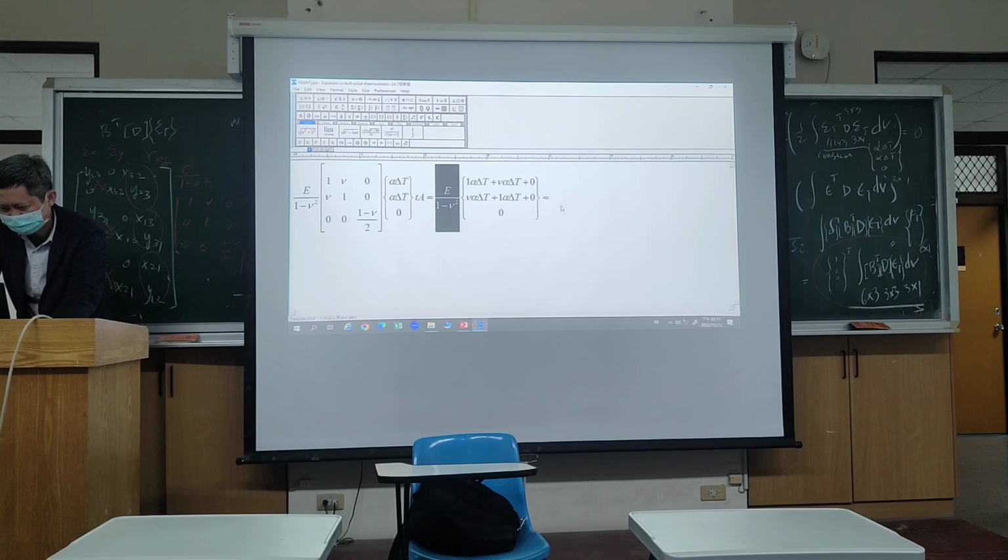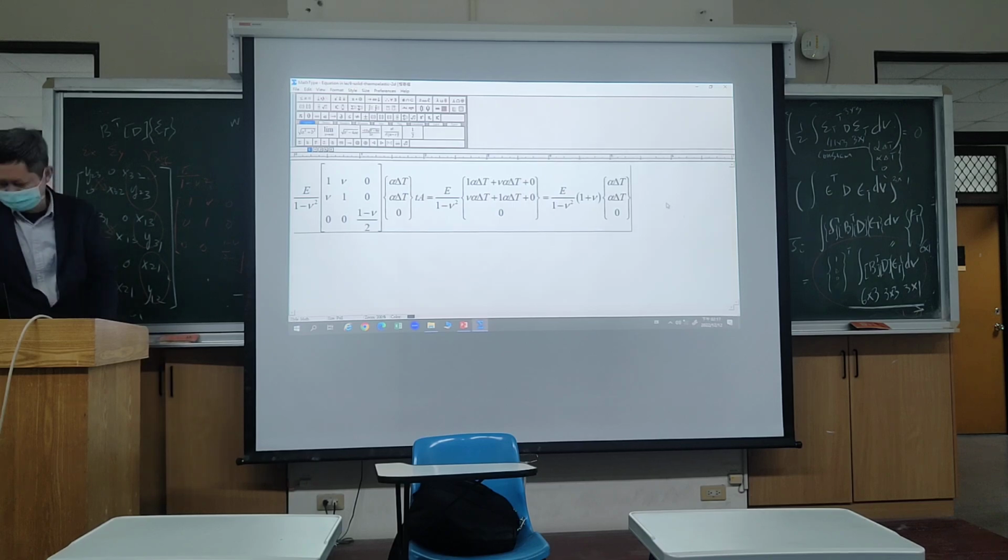In short, you can write this as one plus b times this displacement vector. Okay, so simplification will then have this becoming 1 minus b.